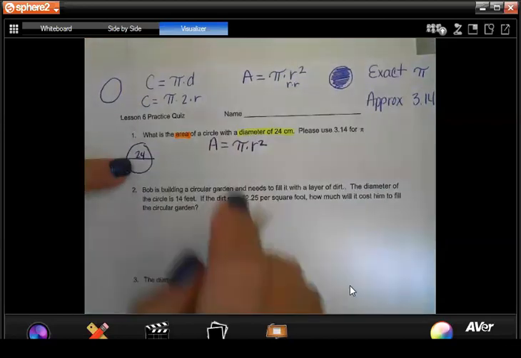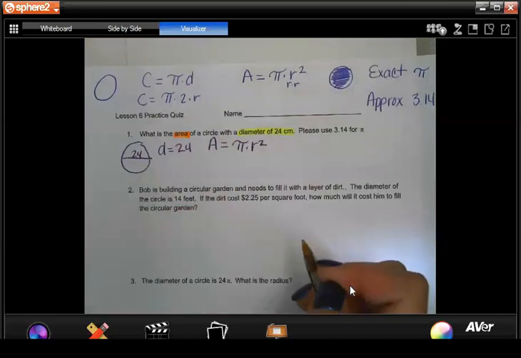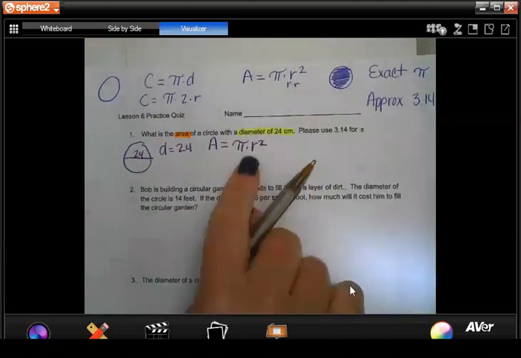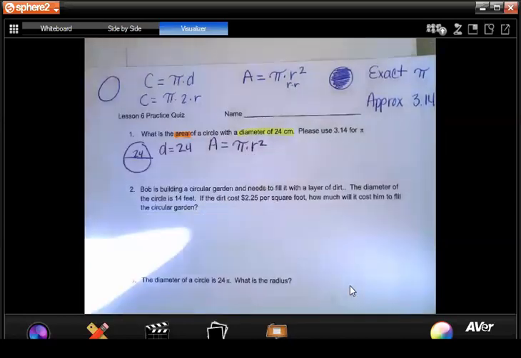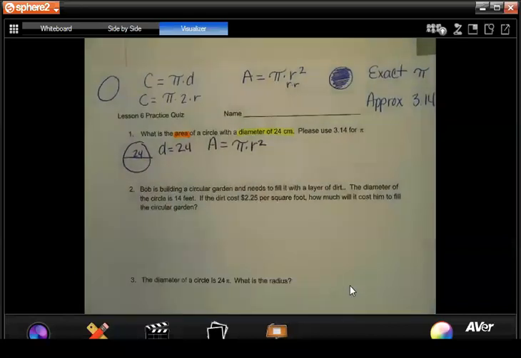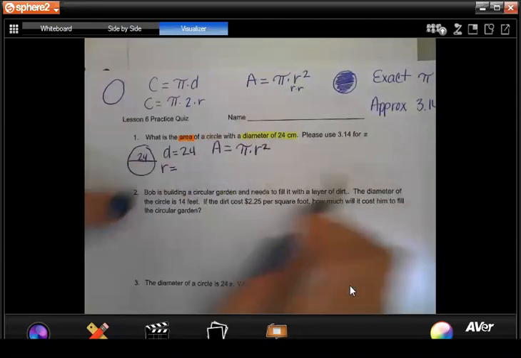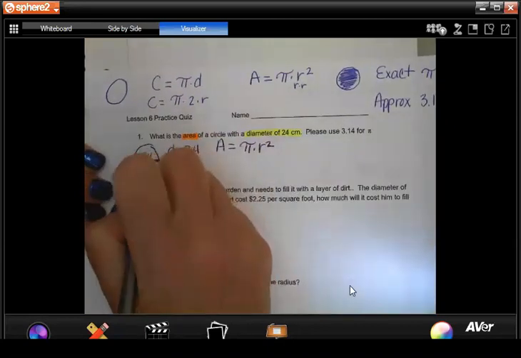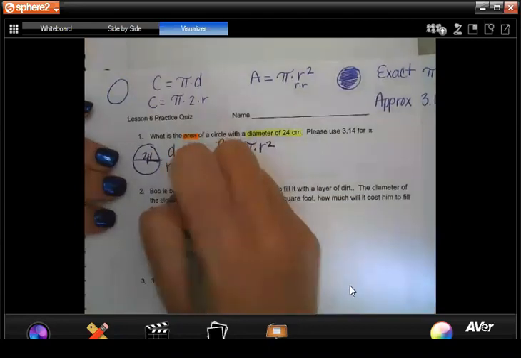They give us the diameter. The diameter is 24. My formula calls for the radius. So we know that our radius is half of the diameter. So half of 24 is 12.